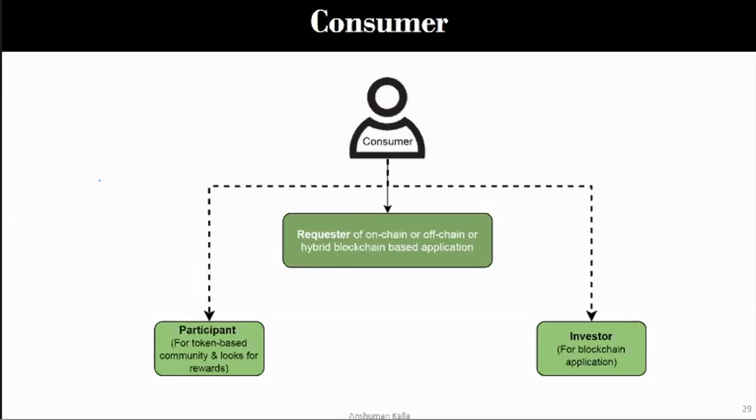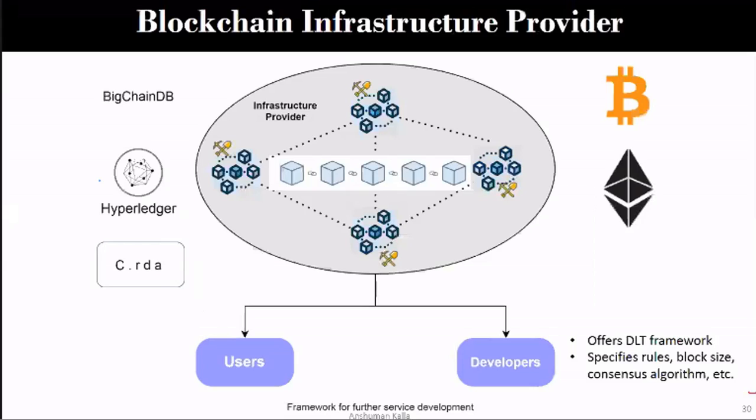Those applications are called off-chain. You may like to explore more about on-chain and off-chain. These days much interest is there in creating off-chain blockchain applications, right? And there are hybrid applications as well, which make use of both on-chain and off-chain approaches, right?